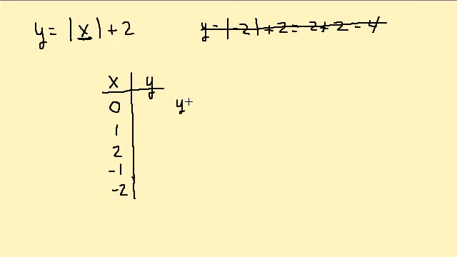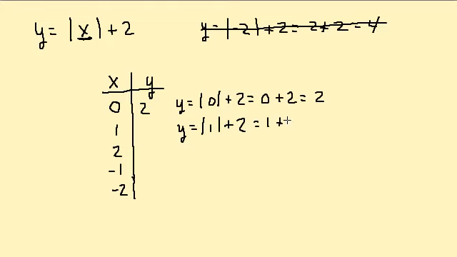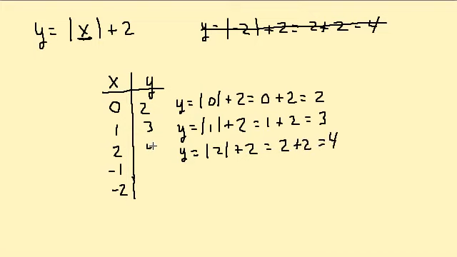So we have y equals absolute value of 0 plus 2, which would be 0 plus 2, which equals 2. And then y equals absolute value of 1 plus 2, which equals 3. Then y equals the absolute value of 2 plus 2, which equals 4.